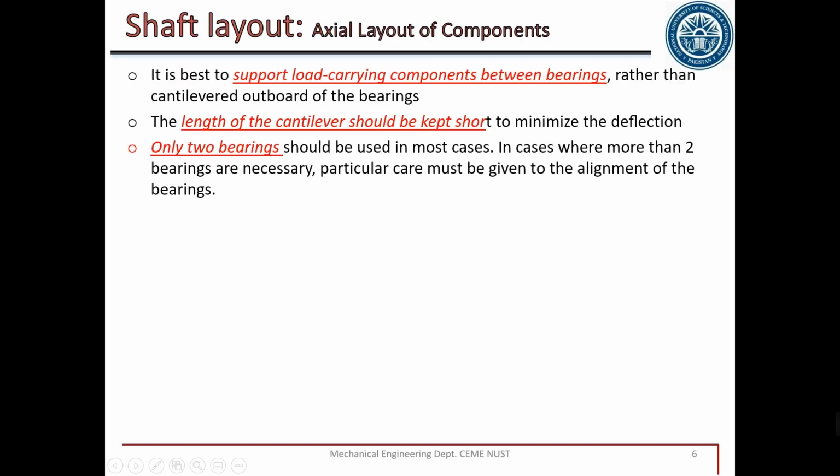Because the shaft is rotating, its axis of rotation for both bearings has to be exactly at the same point. Otherwise, if I put a bearing here and it is a little bit misaligned, this bearing will cause the shaft to deflect, and due to this deflection there will be stresses in the shaft, causing failures. That's why we put only two bearings.